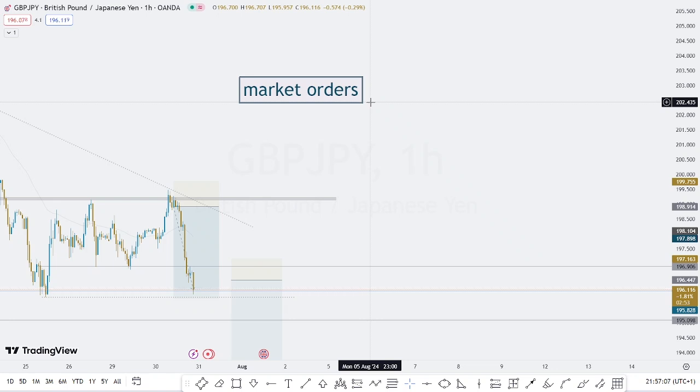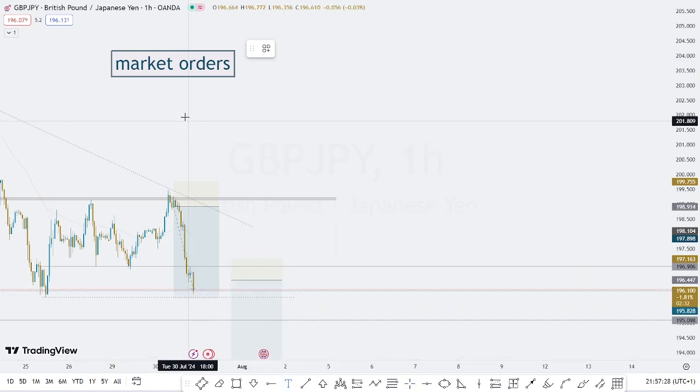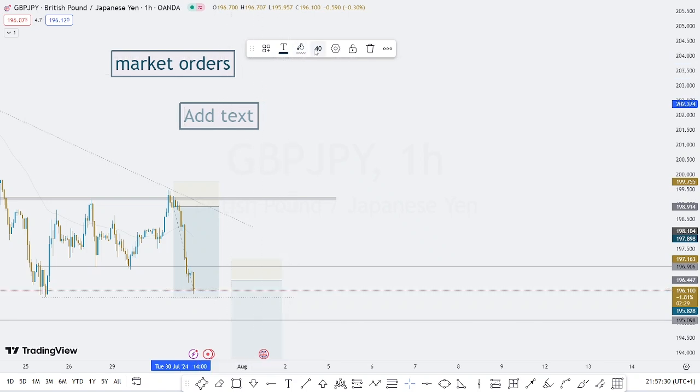In market orders, we have about five of them. We have buy limit, sell limit, buy stop, sell stop, and also stop loss. Let me list them out so that I can touch them one by one.